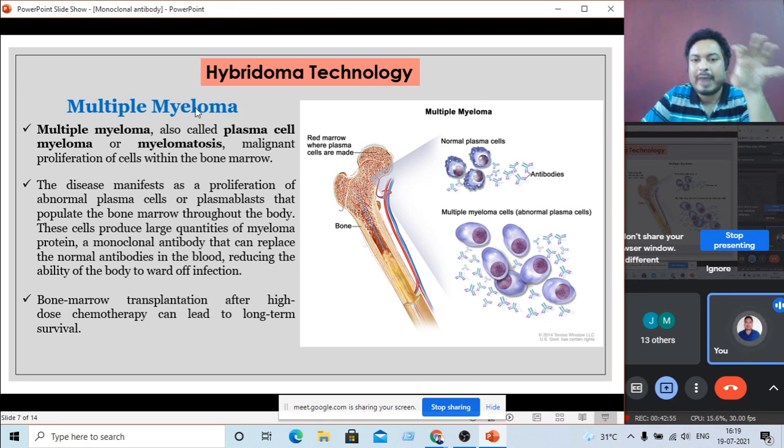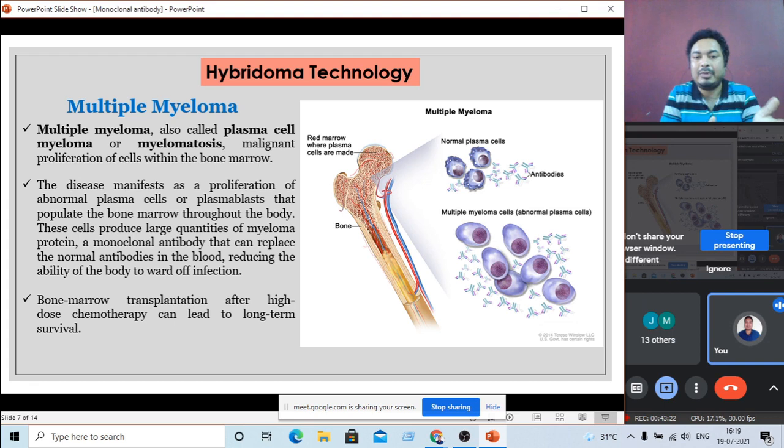So these myeloma cells are used in the monoclonal antibody production mechanism, because these cells are immortal. I already said these cells are immortal. If these cells form a hybrid with a normal antibody-producing cell, then what happens? The normal cell becomes immortal. And when it becomes immortal, this immortal clone can produce numerous antibodies.